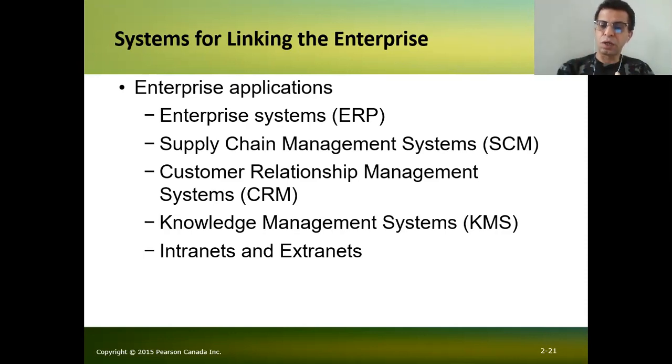To solve it we can probably use a knowledge management system. Then we have enterprise applications like intranet and extranet: how we connect all the individuals in the company, and how we connect different regions or sectors with each other if they are outside each other.